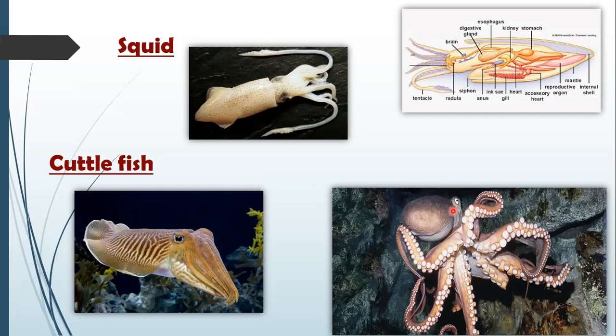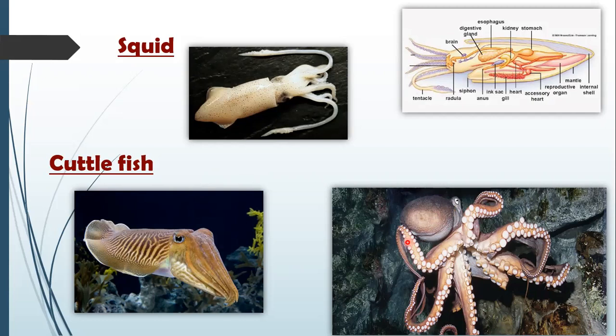This is the structure which they use to differentiate between light and dark. Also they have black and white vision, right? Octopus, squid, and cuttlefish have black and white vision. Okay, these two groups have an internal skeleton, and the octopus has no skeleton at all.